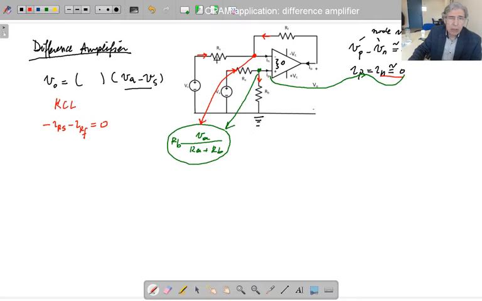Then I can write now all these currents in this equation in terms of node voltages. So let me write it, minus RS, this one first.